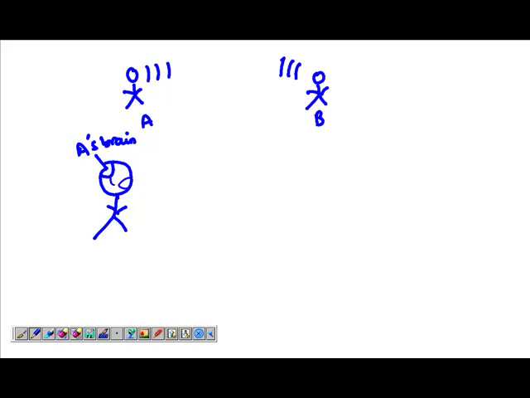So there's a nerve impulse that goes from the brain to the mouth, and then the vocal cords or whatever convert the nerve impulse into a sinusoidal audio signal, right? And this audio signal travels through air and enters B's ear. This is B's ear. And then again, the ear converts it into a nerve impulse which goes into B's brain. So essentially, the audio signal is basically transferring from A's brain to B's brain.